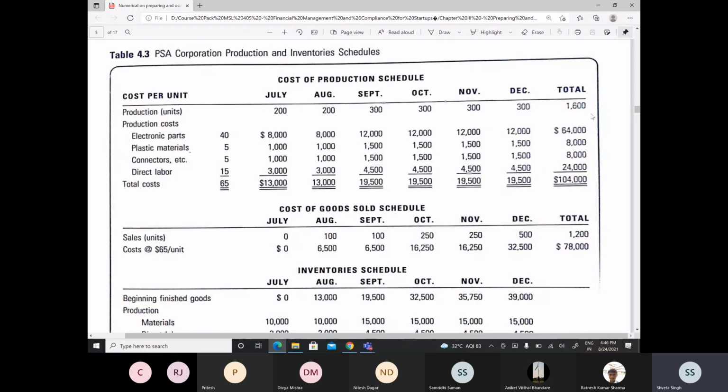So the total production that was there was 1,600, and the total cost of production was $104,000. So this is cost of production schedule monthly. So as a team, students, you will have to work on your business idea and give me cost of production schedules for your company as well, okay, along with the production costs.